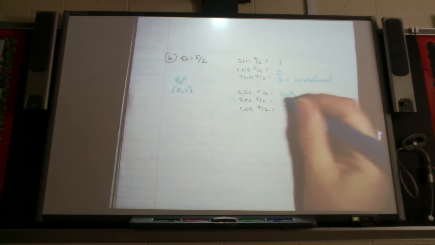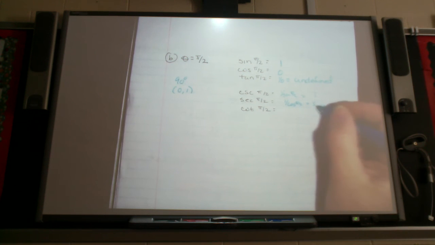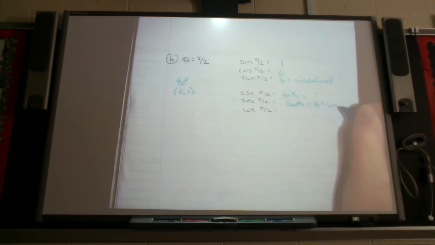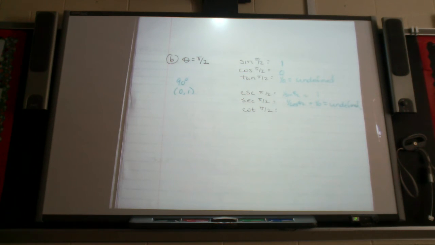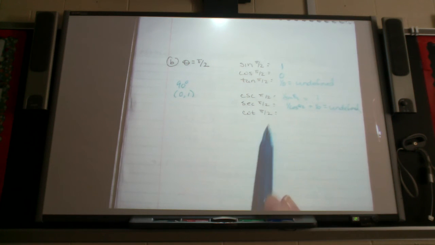Secant is the reciprocal of cosine, which is, well, cosine is 0 over 1, so that's 1 over 0, which is undefined. And then what's the cotangent? The reciprocal of tangent. If tangent is 1 over 0, what's the reciprocal of 1 over 0? 0.